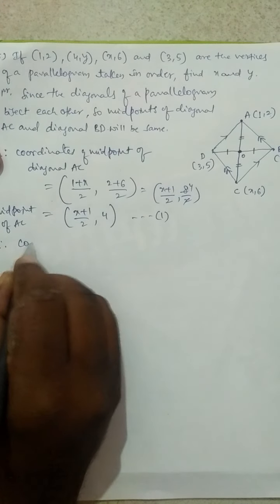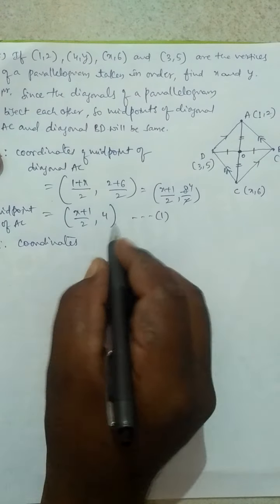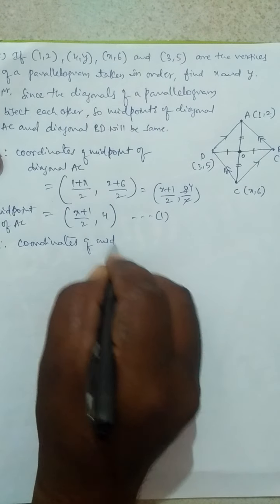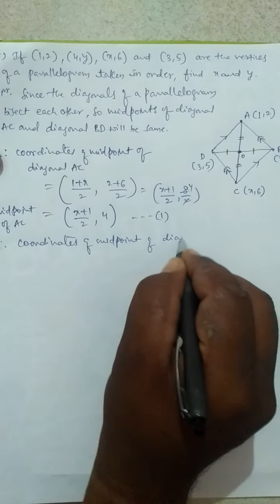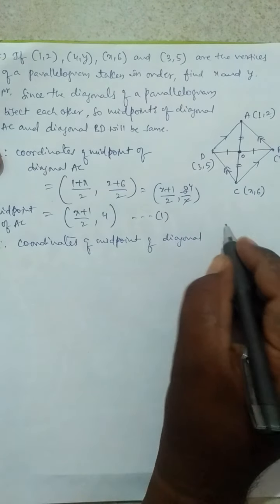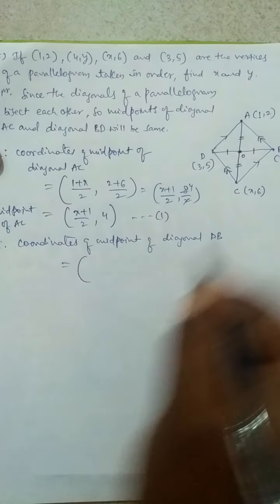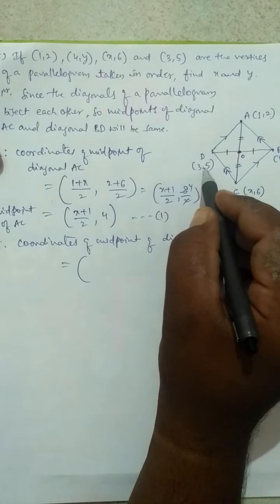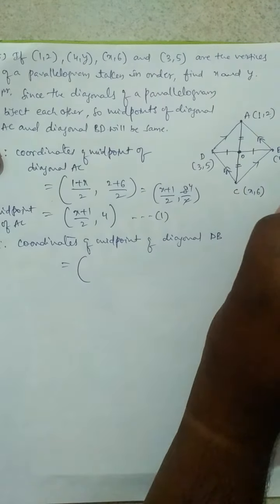Here, the coordinates of the midpoint of diagonal BD, or DB, both are the same. How to find the midpoint? Add the x coordinates and divide by 2, add the y coordinates and divide by 2.